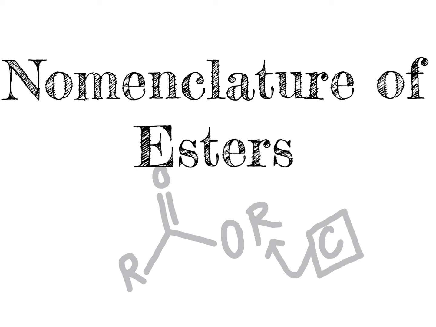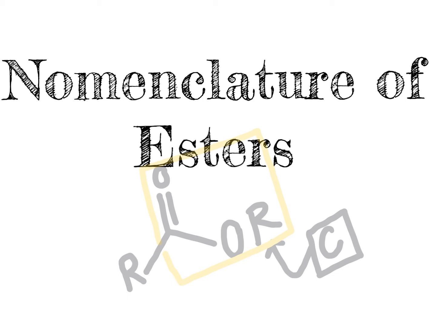And so therefore, the general theme in an ester molecule is a carbonyl group directly bonded to an O-alkyl group, as I am circling here, as an essential component of that ester molecule. In this video, we are going to focus on how we go about naming esters, because esters are very common types of functional groups.